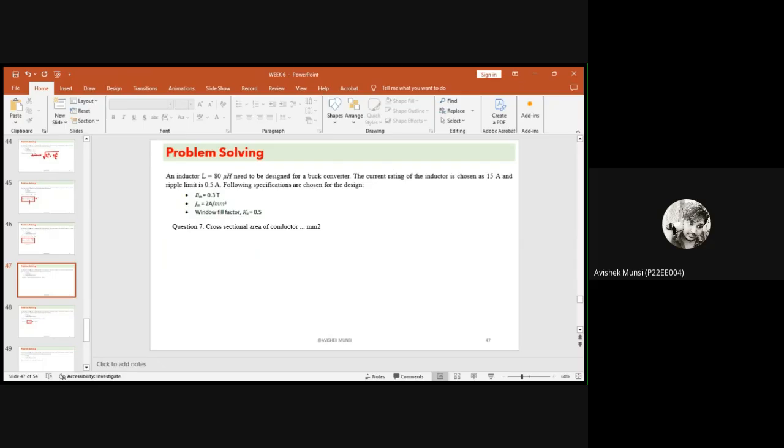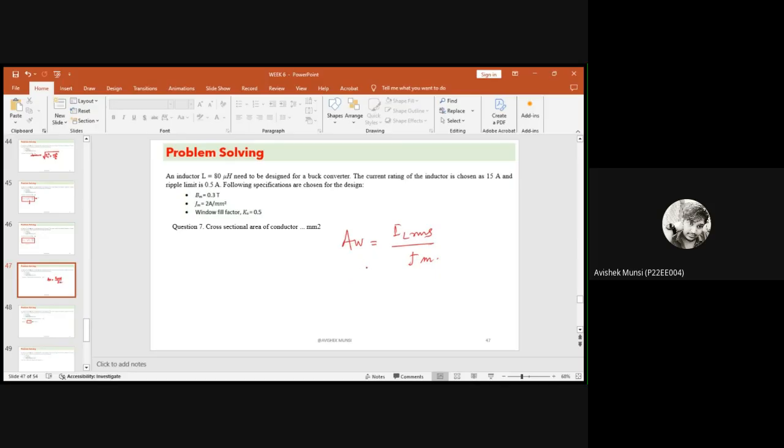So the next question, what will be the cross-sectional area of the conductor? Fine. So what will be the cross-sectional area? For cross-sectional area, the formula was... okay.